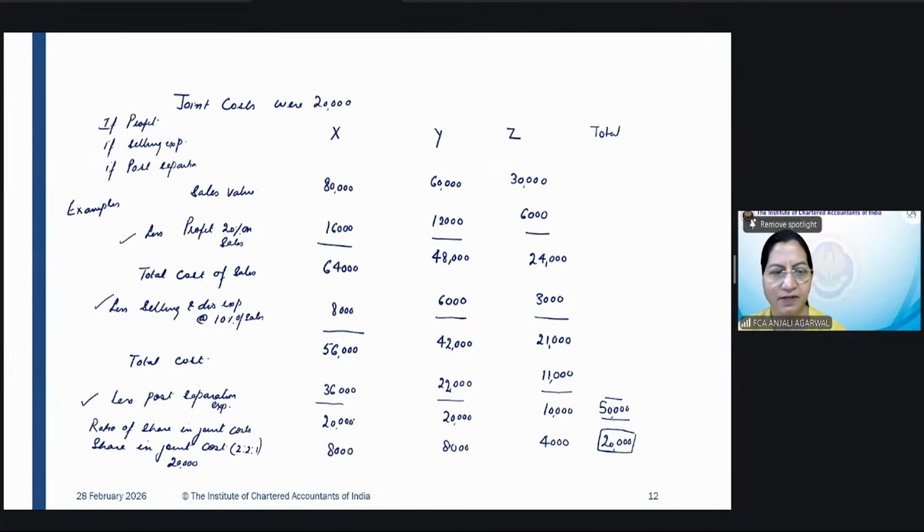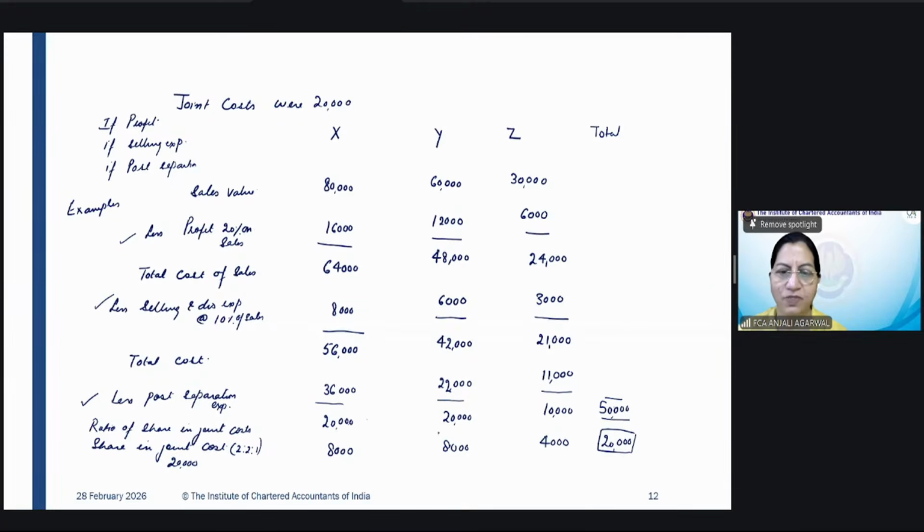After having subtracted all three, what you get is the total balance remaining for product XYZ in cost. If this total comes out to be 20,000, then this becomes share in joint cost. So you don't try to have a ratio of share, just write share in joint cost. But if this total does not come out to be 20,000, like here it is coming out to be more than that, 50,000, you will call it ratio of share in joint cost.